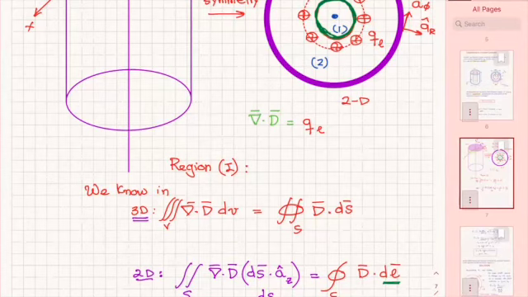Okay. Every surface has a direction. What do I mean? The board is a surface, all right? And the surface always is part of a surface that encloses a volume.